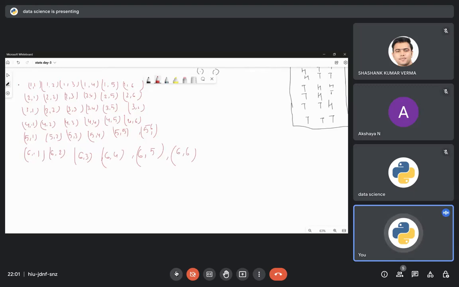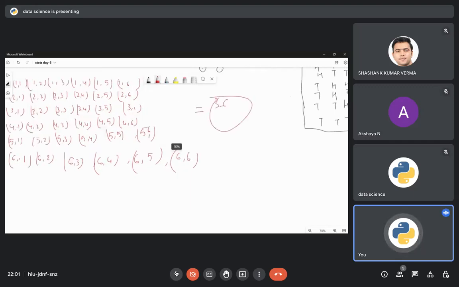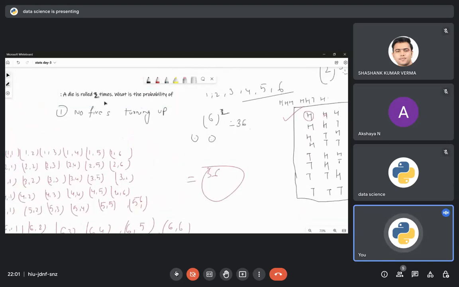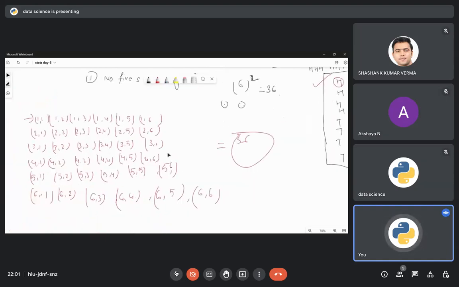Look, in the first row we have 6, and 6 rows, total 36 outcomes. Now the question is on you. The question was: a die is rolled 2 times, what is the probability of no 5 turning? So how many cases are there where 5 is not occurring?